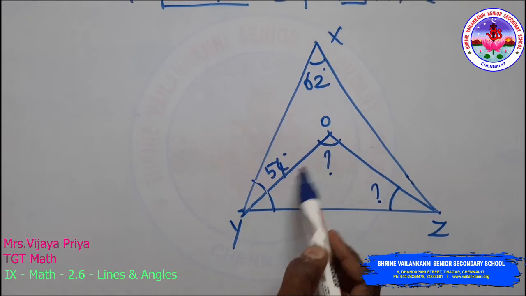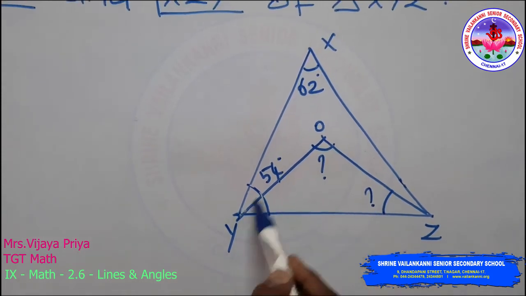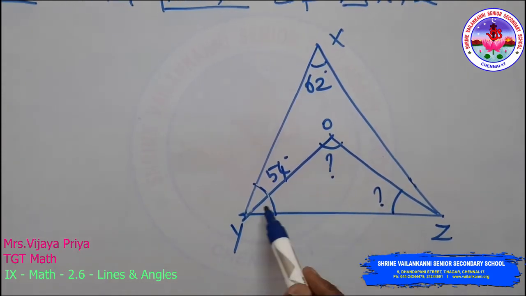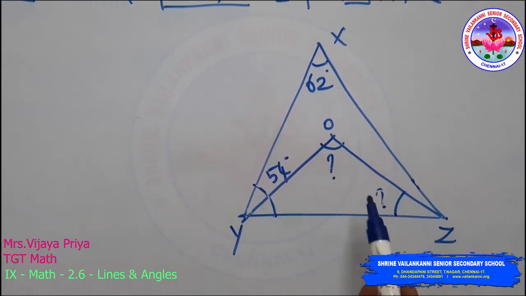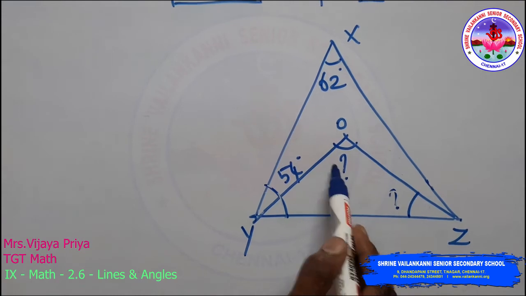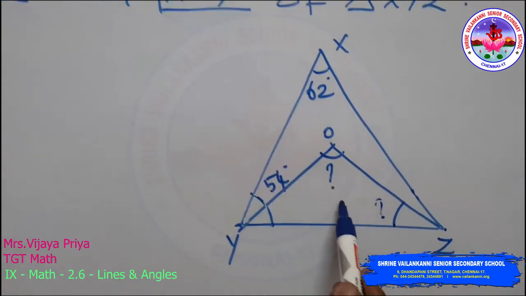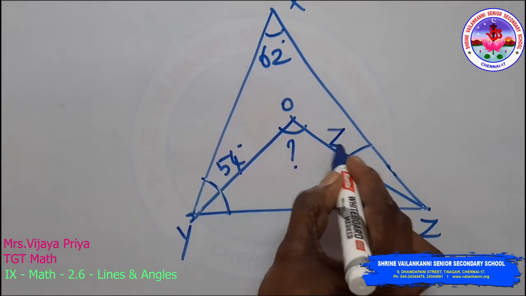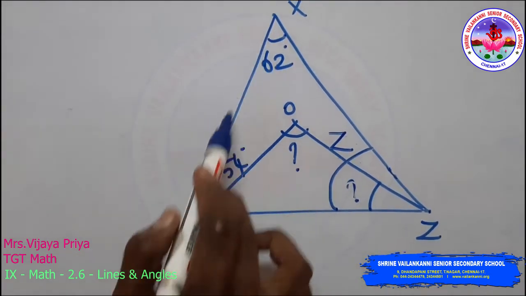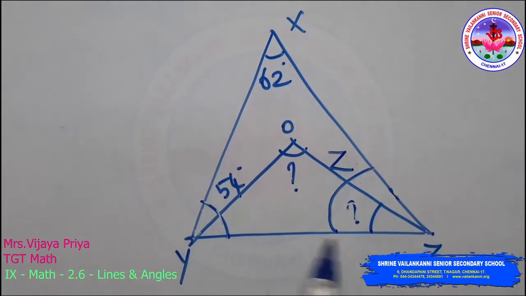We need to find the angles of this inner triangle YOZ, angle OZY and angle YOZ. In order to find these two angles in the smaller triangle, I need to first find the full Z angle, using the angle sum property in the bigger triangle.